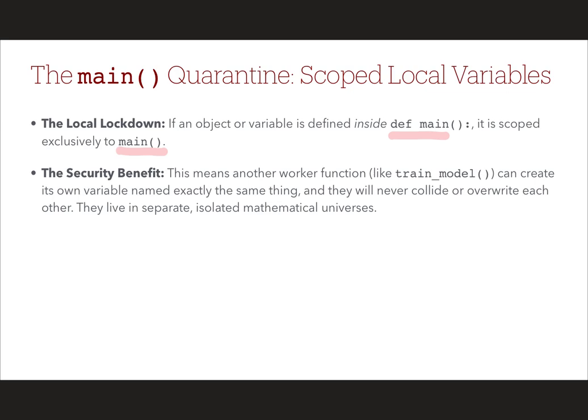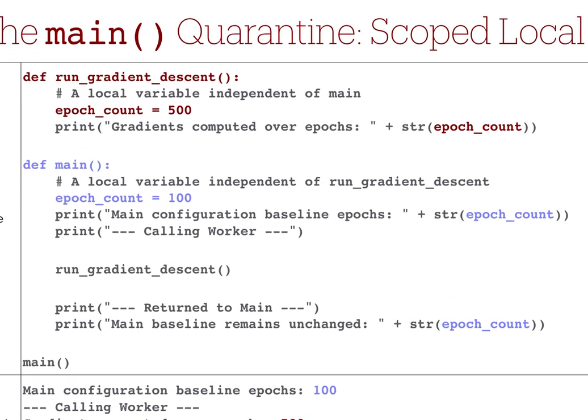If the train model function has a certain variable in it, and you try to access that variable outside of the train model function, then we have a problem.